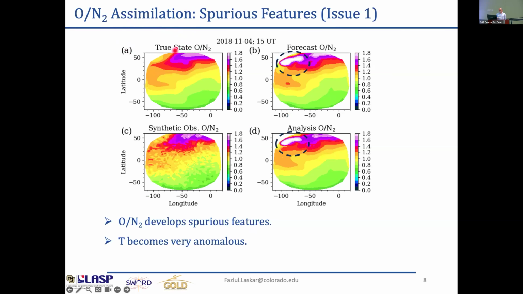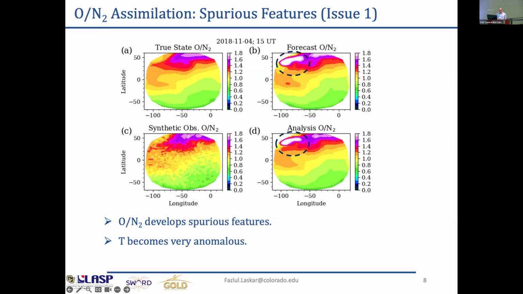So in this case, we know the true state, and from the true state, we derive the synthetic data and assimilate the synthetic data. And when we assimilate synthetic data, we come up with a lot of artificial features like this one here, both in the analysis and in the forecast. So it looks like the previous setup that we used does not work with the O/N2.